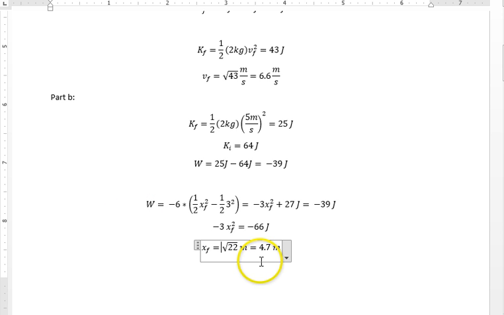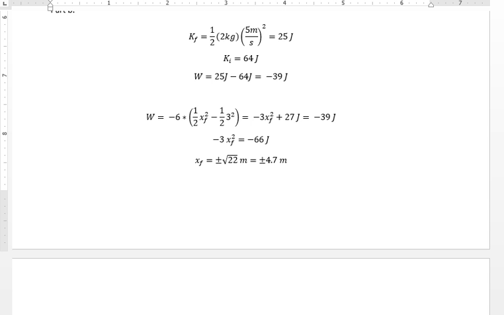Now, if you're a purist, you'll note this is a plus or minus. And what does that mean? Well, we start off with an object going this way, and the force on it is in that direction. So it slowly comes to a stop and heads back the other way.